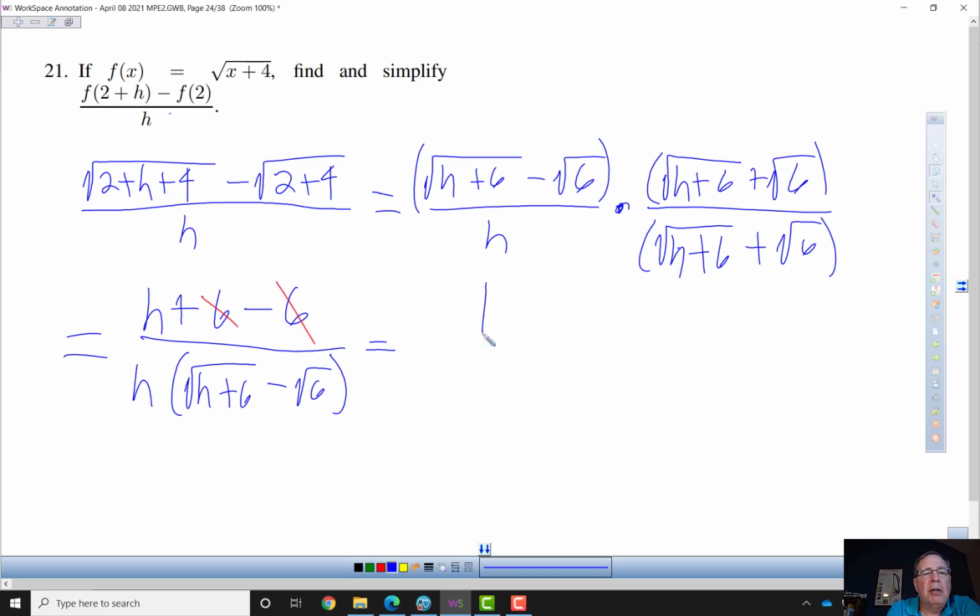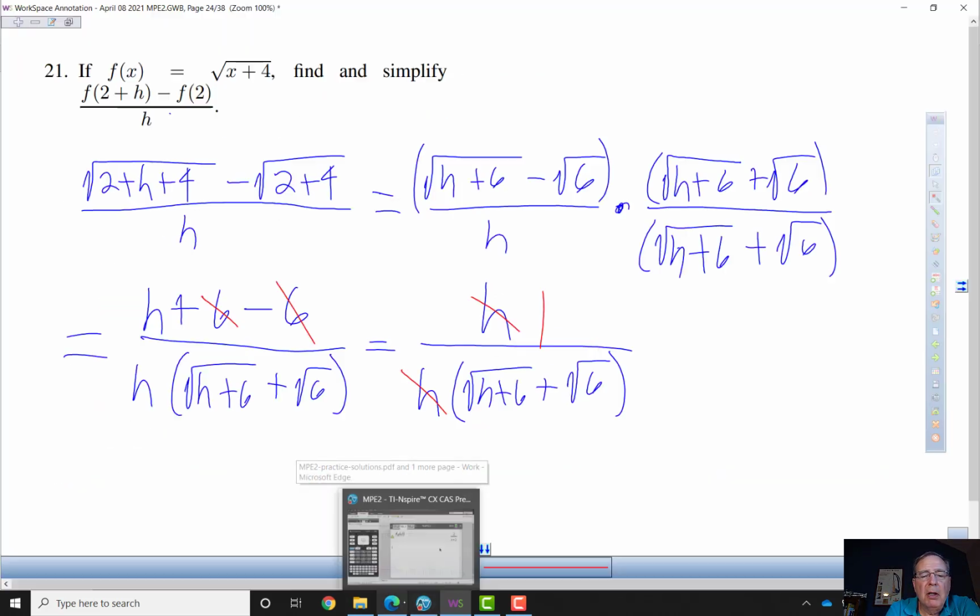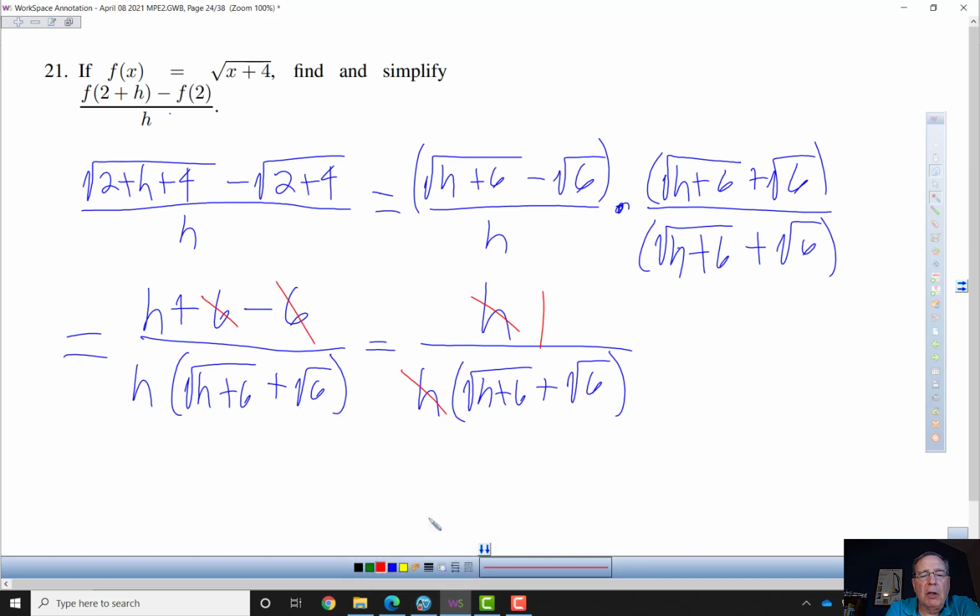So now, writing down every step, we have h divided by h times, in parentheses, the square root of h plus 6, this is supposed to be plus, and then plus the square root of 6. And then h divided by h is 1, as long as h isn't 0.